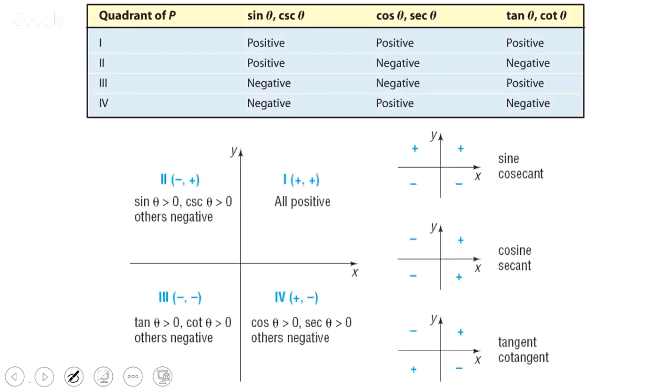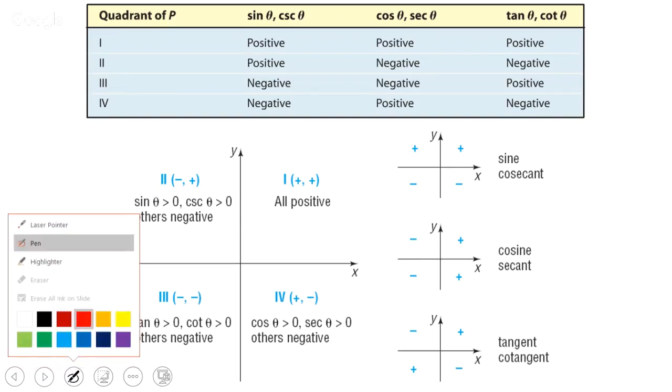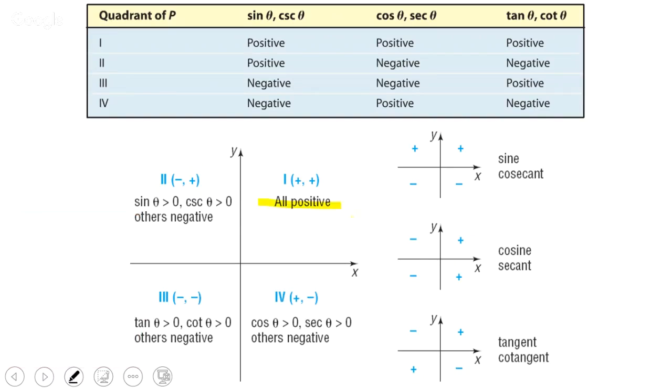Here's another way of looking at it, a more graphical way. Everything is positive in quadrant 1. And in quadrant 2, sine and cosecant are positive, but everything else is negative.